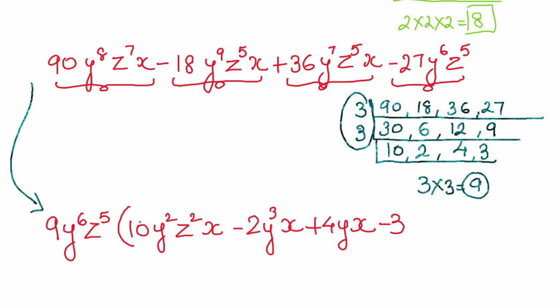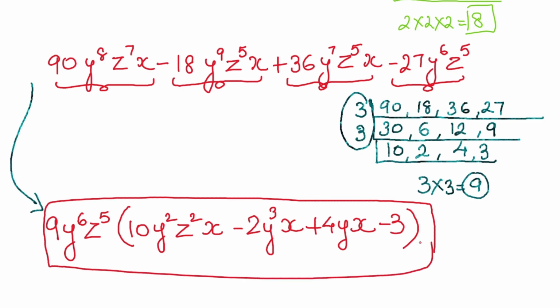Out of the 6 y's, all the 6 y's are common, so no y term. Out of the 5 z's, all 5 z's are common, so no z term. And so this is our factored form for the above expression.